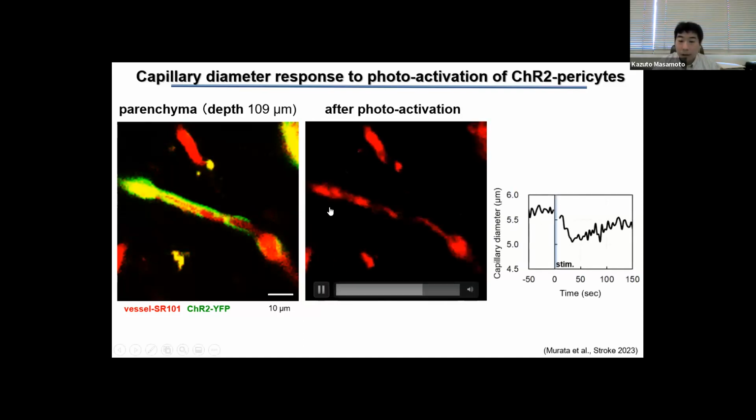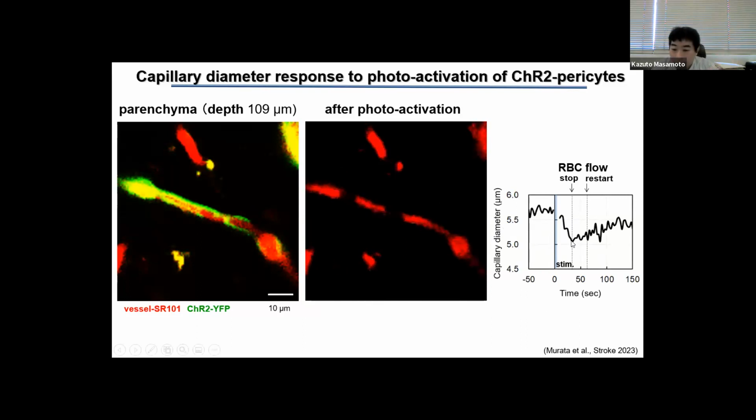The capillary diameter at this section shows that stimulation caused constriction of the capillary with a little bit slow dynamics, and then flow stopped at this 5 micrometer diameter. After that, the capillary slightly dilated, then flow restarted.